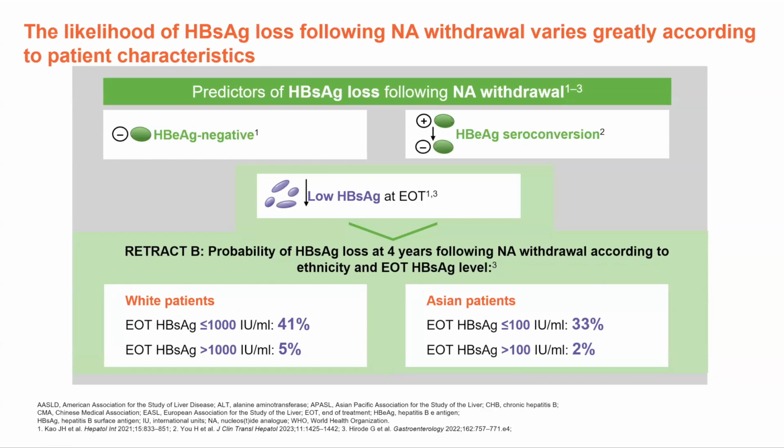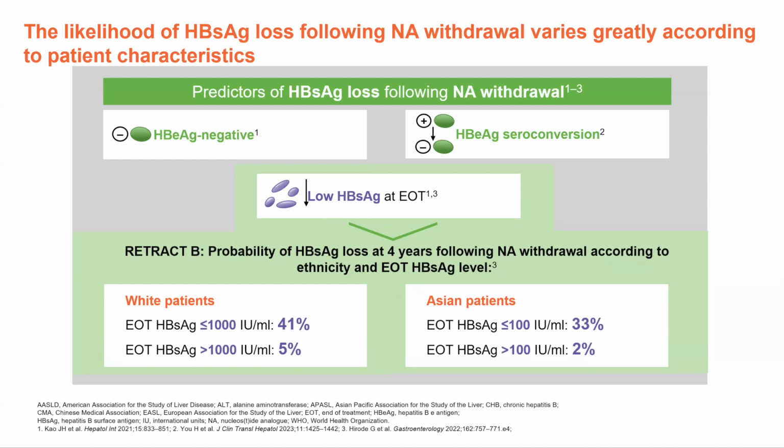Now moving on to stopping therapy, the rate of HBs antigen seroclearance after stopping NA varies significantly by ethnicity and HBs antigen level at discontinuation. In this RETRACT-B study data, white patients with end of treatment HBs antigen under 1,000 had a 41% chance of HBs antigen loss versus only 5% above that. In Asian patients, the threshold was lower.